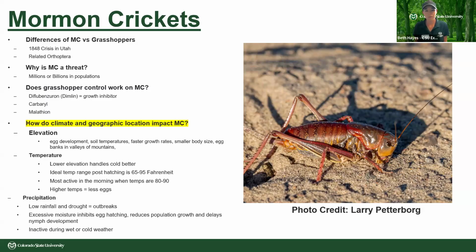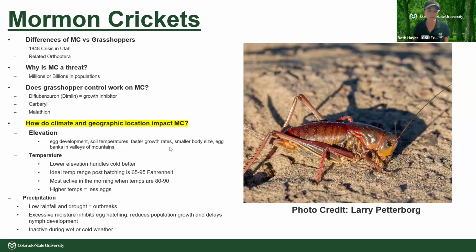This is a pretty big deal because Mormon crickets are in the same order of insects as grasshoppers, but they move as a hive mind. So they actually have an impact in the millions or billions because of the way they move, versus grasshoppers, which move as individuals. So this is a really big deal.